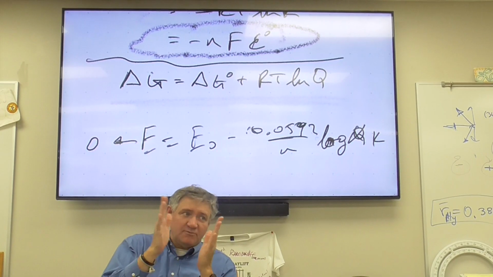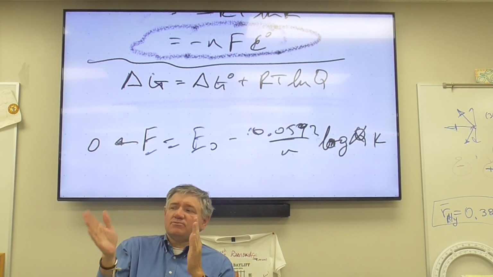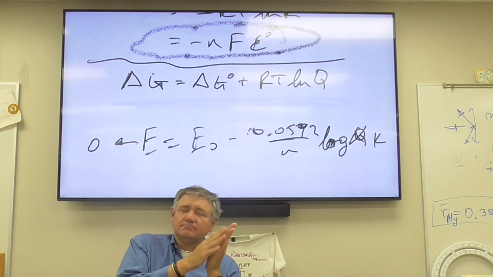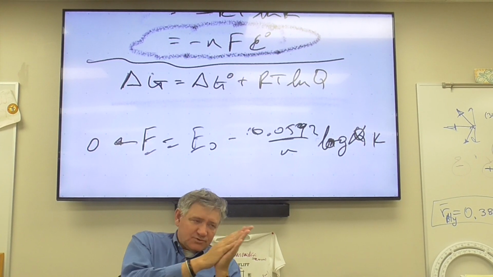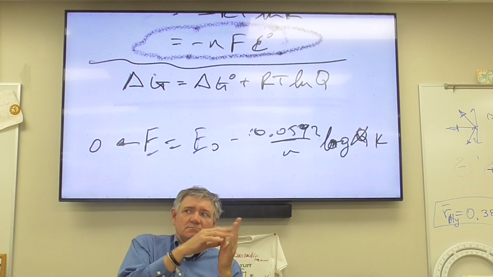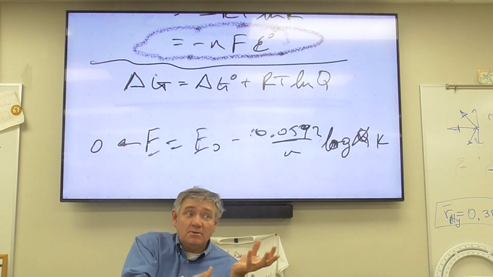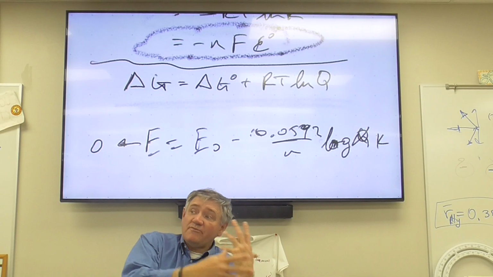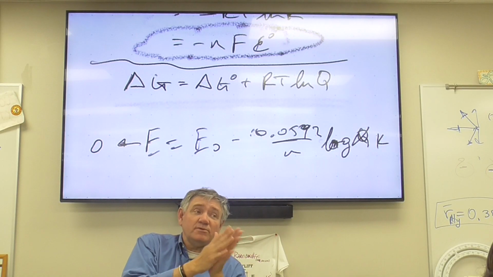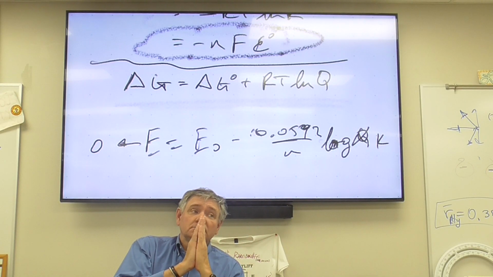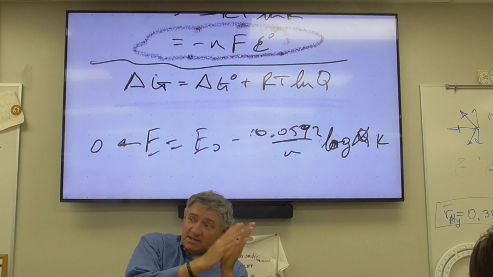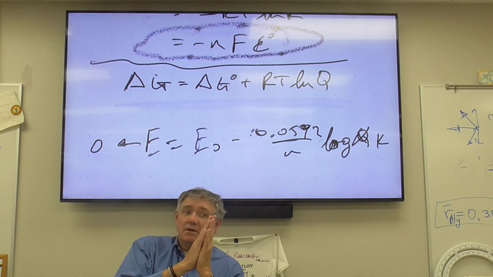If K, the equilibrium constant, is a really small number, does that drive it towards the reaction being spontaneous, or driving it away from being spontaneous? If you have a really, really small K value, is that going to be spontaneous or not spontaneous? Not.